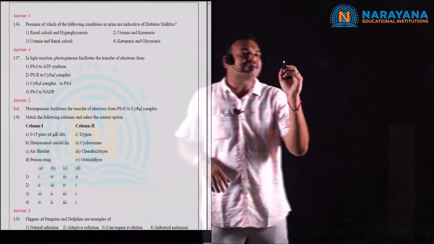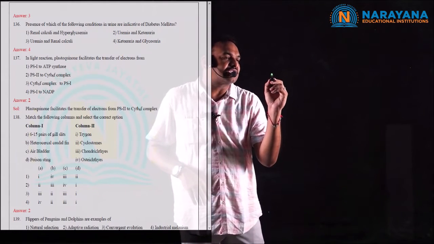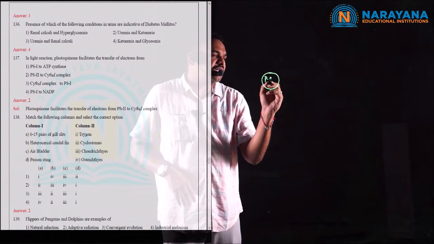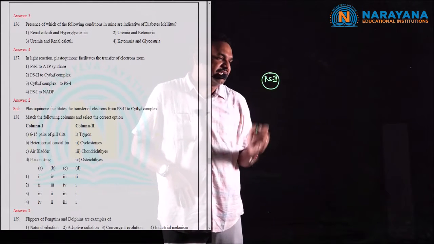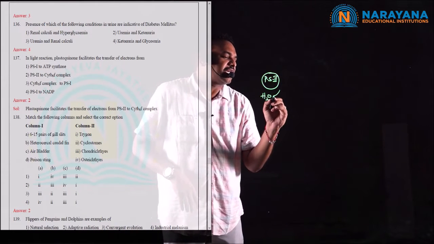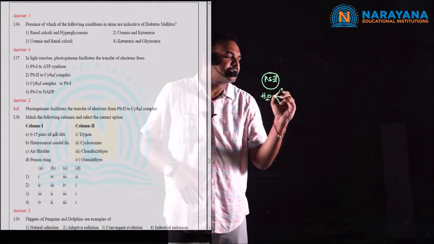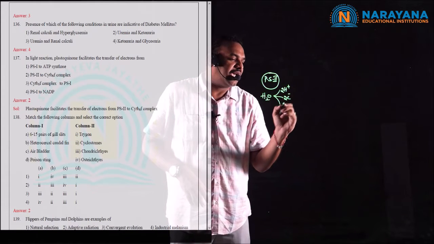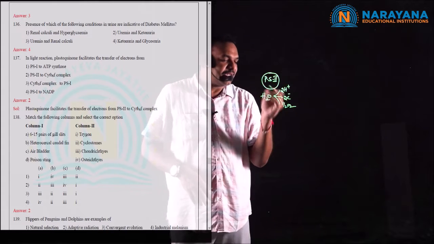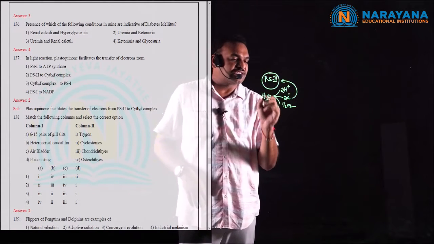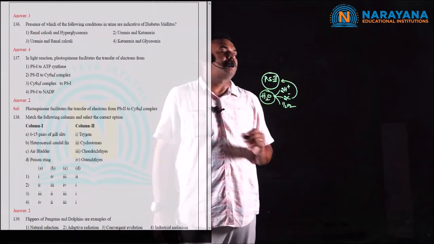And let us see once how the non-cyclic electron transport occurs. During non-cyclic electron transport, this is the photosystem 2 reaction center, and photolysis of water occurs near this photosystem 2, that releases 2 protons, 2 electrons and half O2. That means the electron deficiency in photosystem 2 is always filled by breakdown of water molecule.